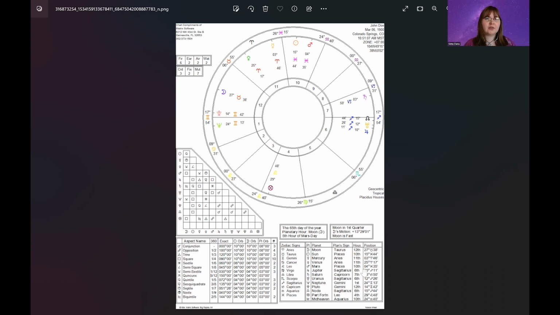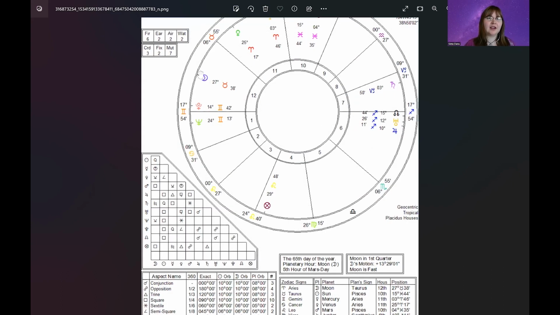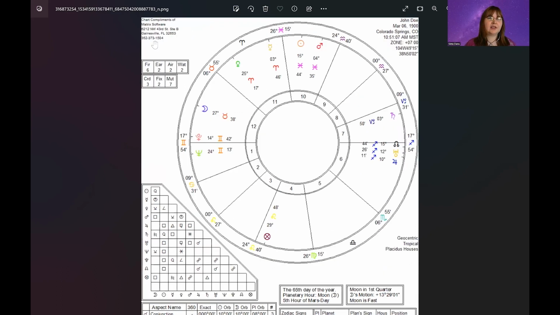We're just going to go through the parts of this chart. I'm going to start in this upper left corner. That's just the software I use and information about it. Below it is this little chart about the elements and modalities in your chart. This is where you can see how many planets or different parts of your chart are in a specific element or modality.